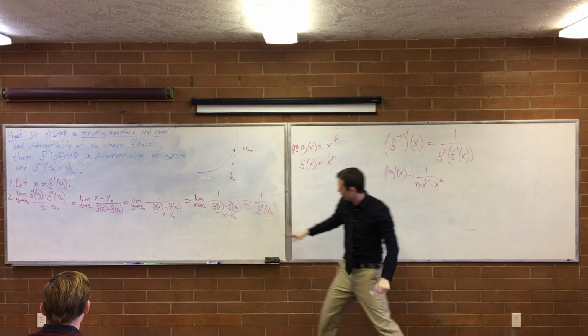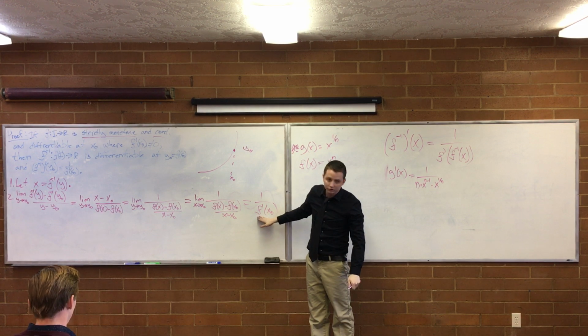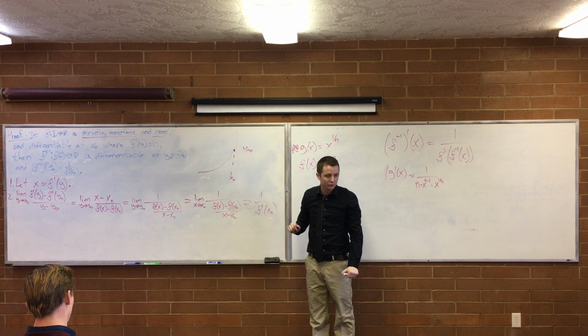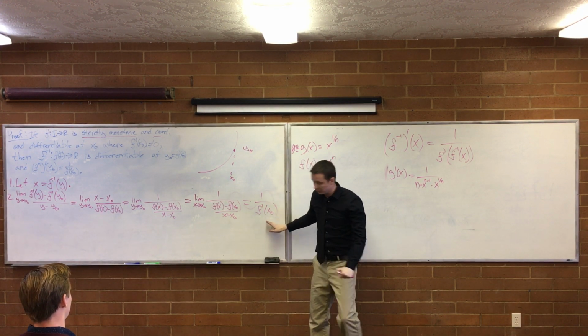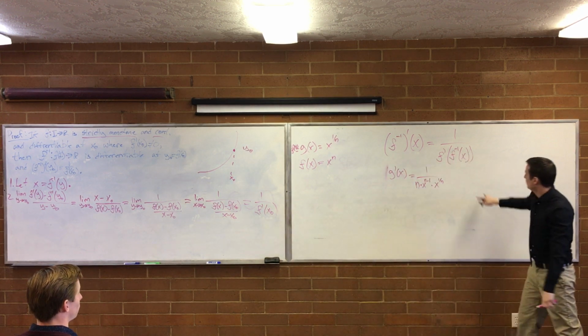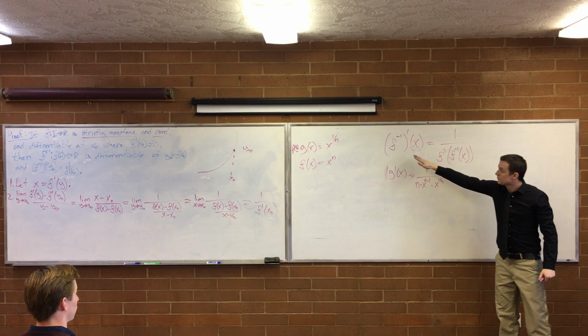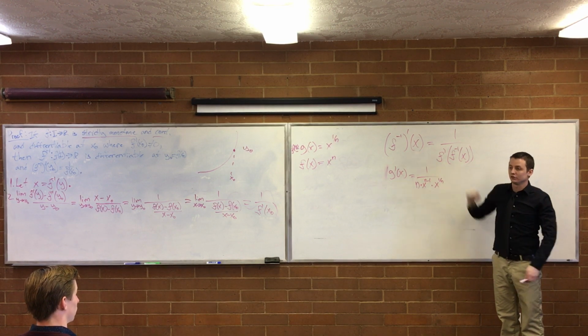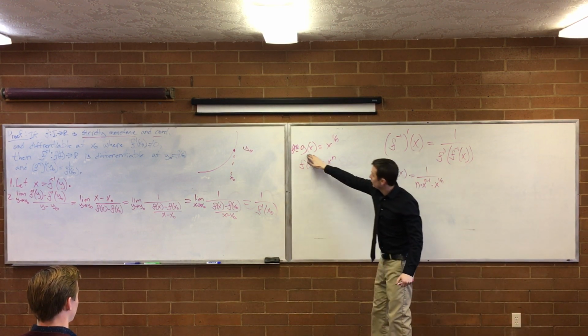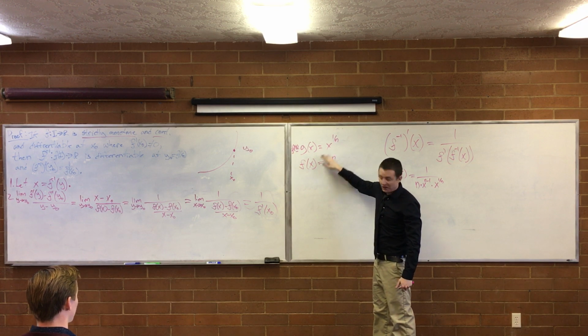Over here, we had our initial function in terms of x and our inverse function in terms of y. And you can think about it that way and do it that way if you want. But here's a shortcut if you want to keep your f inverse in terms of x. So here's our f inverse in terms of x, and here's its inverse function.